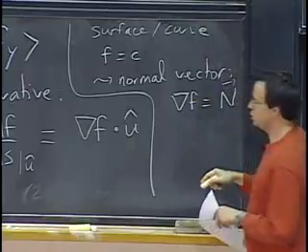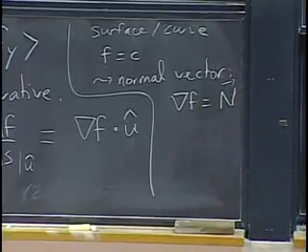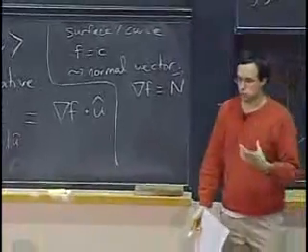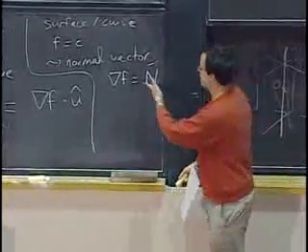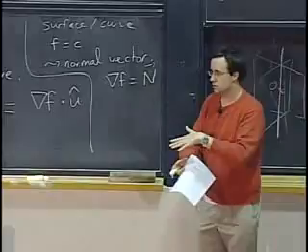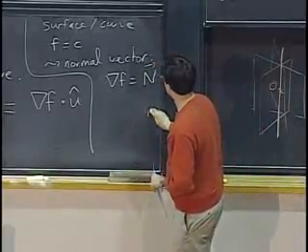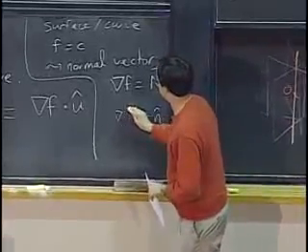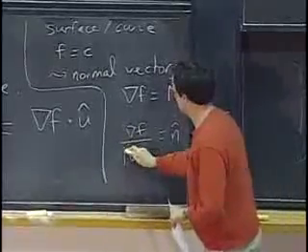And that is, in general, not a unit normal vector. Now, if you wanted the unit normal vector to compute flux, then you would just scale this guy down to unit length. Okay? So if you wanted a unit normal, that would be the gradient divided by its length.